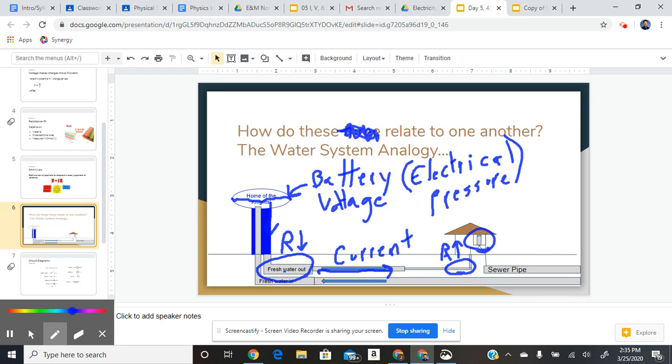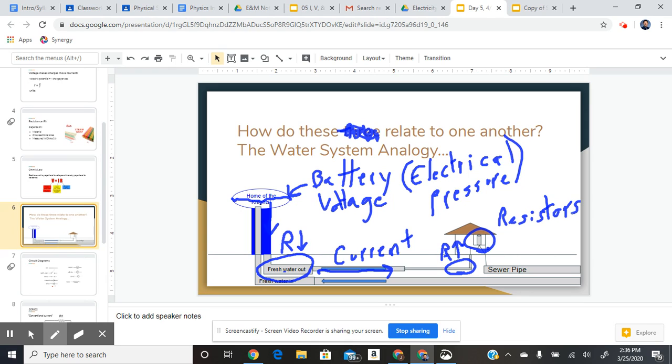But anyway, your shower, your toilet, or something like that is something that uses voltage, or in this case, it's using water. And we call those kinds of things resistors. So resistors are anything that uses voltage in an electrical system.